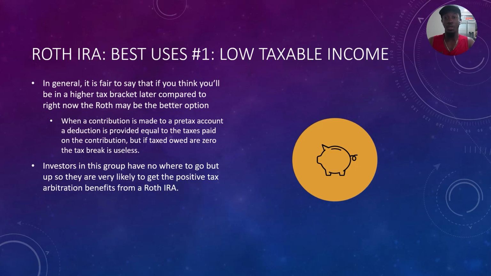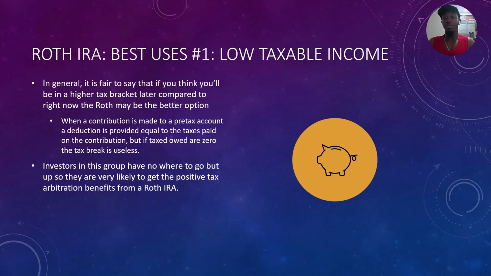Now, if you're in a low income bracket, you didn't pay any taxes on the money you put in the account. So that deduction is worthless to you because you didn't pay any taxes to begin with. So it doesn't make sense for somebody in a low income bracket, who doesn't pay a high amount of taxes in a given year, to try to avoid paying taxes.